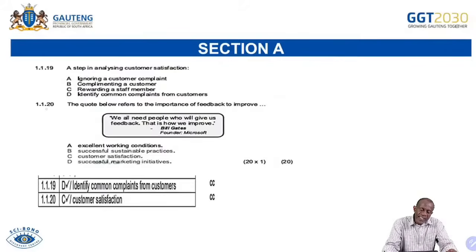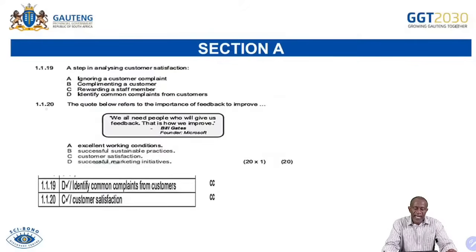1.1.19 says, a step in analyzing customer satisfaction. You have your 4 options, A, B, C, and D. Ignoring a customer complaint. Number B, complimenting a customer. Number C, rewarding a staff member.